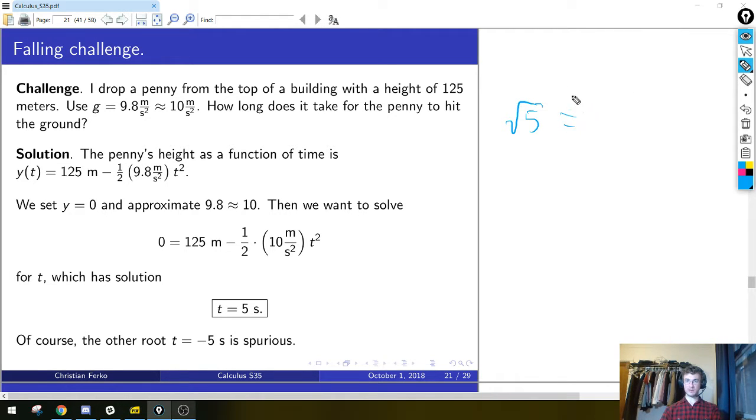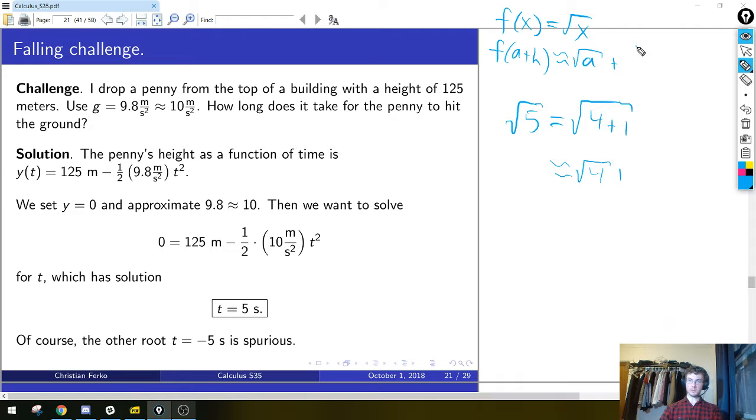Was this the question? What is root 5 approximately? Just out of curiosity. So this is the square root of 4 plus 1, which is approximately root 4 plus... let's see. If f of x is the square root of x, then f of a plus h should be approximately the square root of a plus the derivative of the square root, which is 1 over 2 times the square root of a, times the distance h.